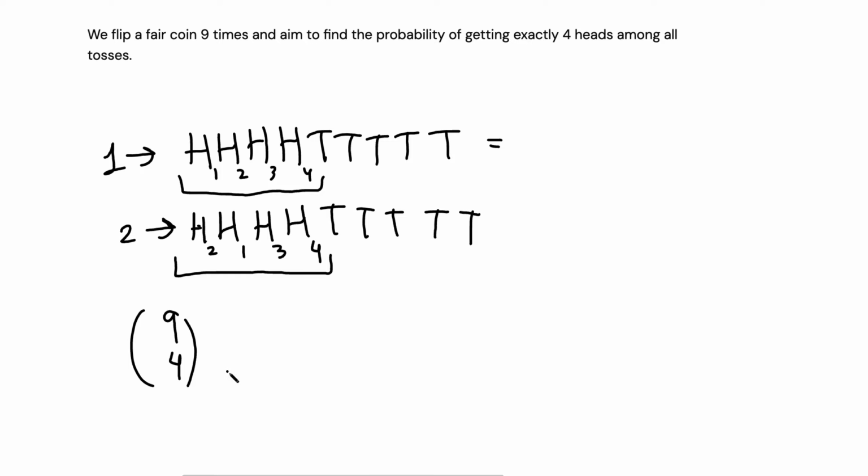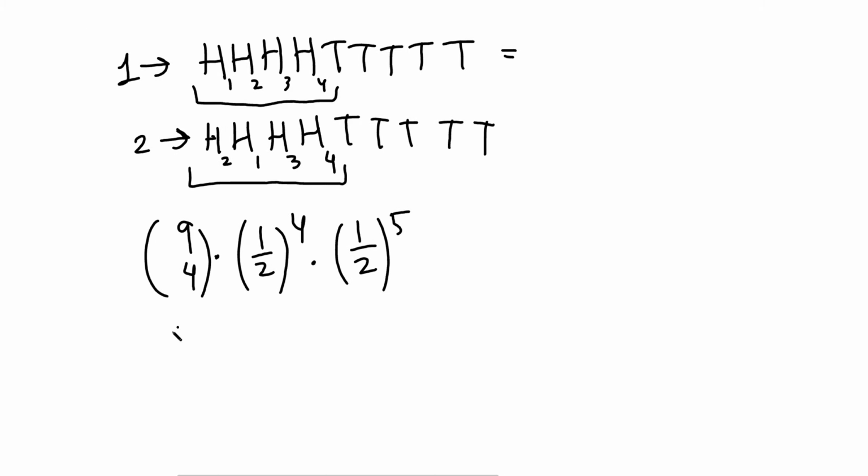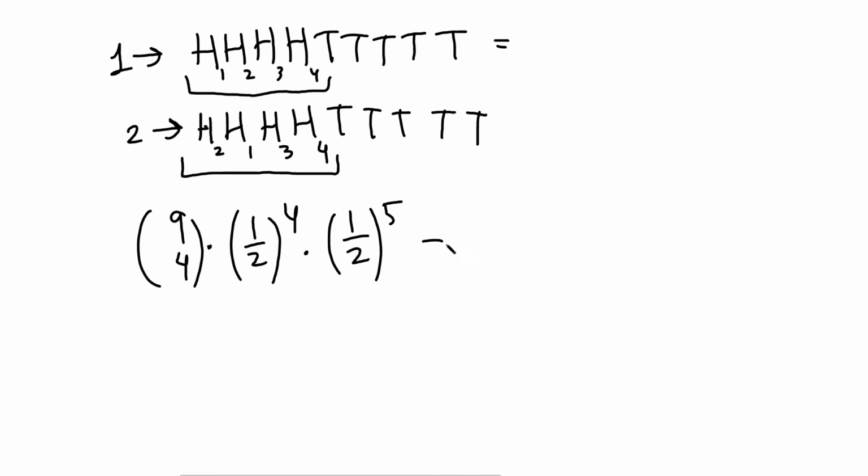After we chose the 4 heads, these 4 heads have to be heads, and so each has a half chance of happening, so we raise that to the 4th. And now for the remaining 5 coins, they all have to be tails, and each one has a half chance of being a tails, so we raise half to the 5th power. And that's it, that's your probability. So that becomes 9 choose 4 times half to the 9th power.